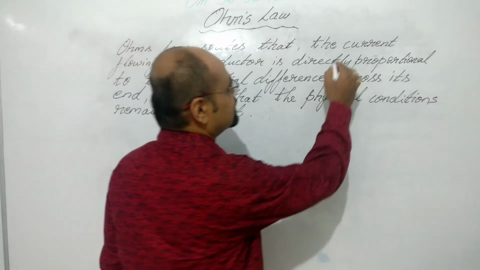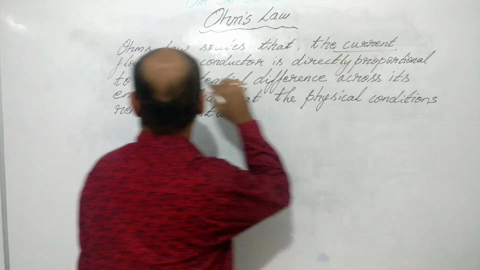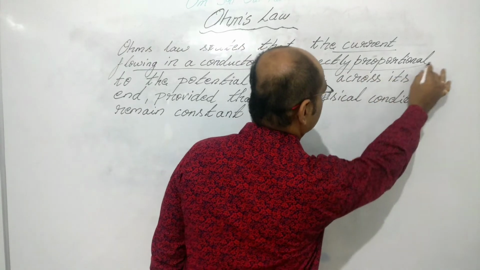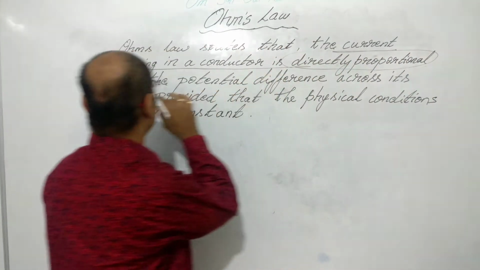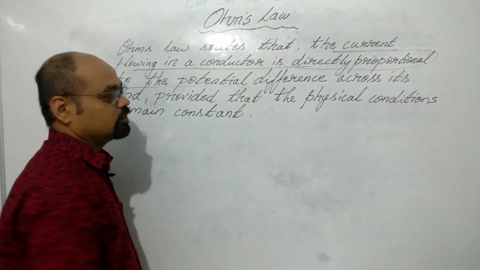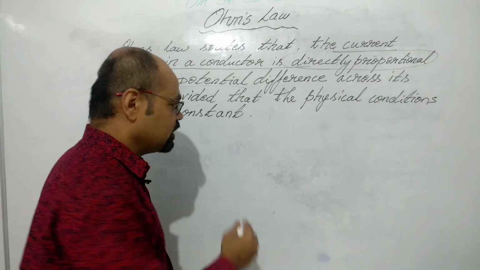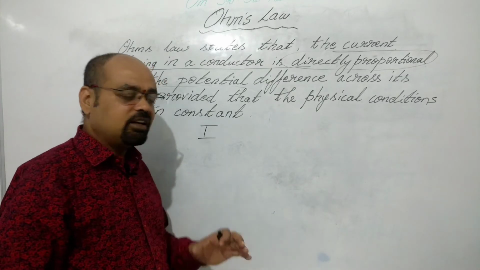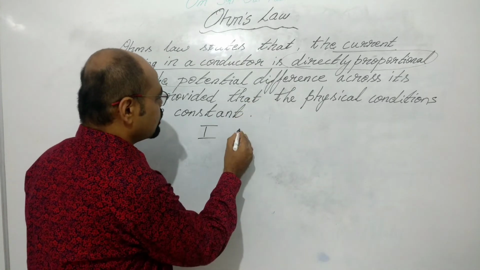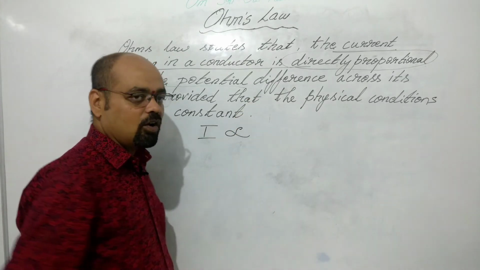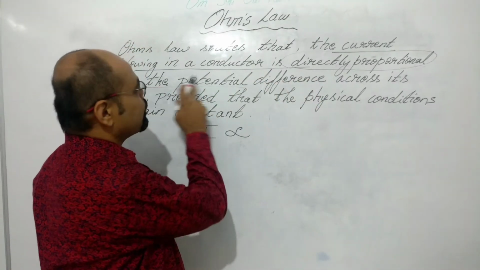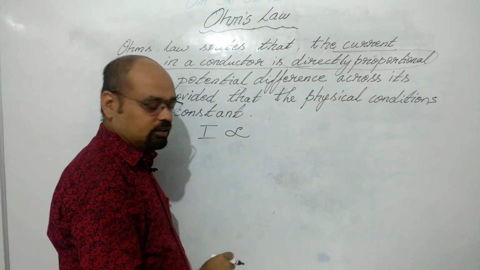The current flowing in a conductor is directly proportional to the potential difference. We have already studied that current stands for I, correct? And this is the symbol of proportionality, directly proportional to the potential difference.